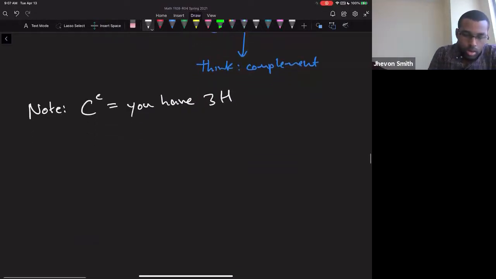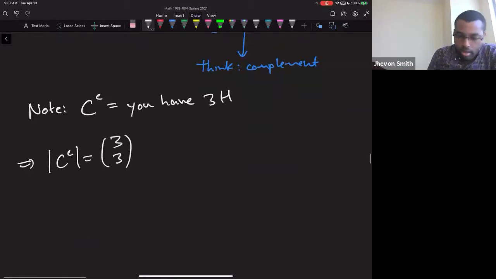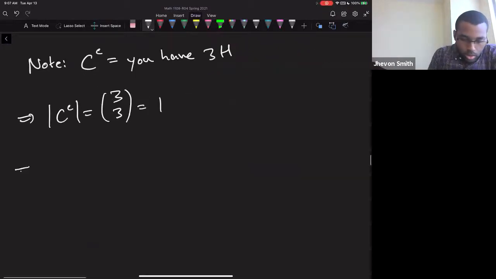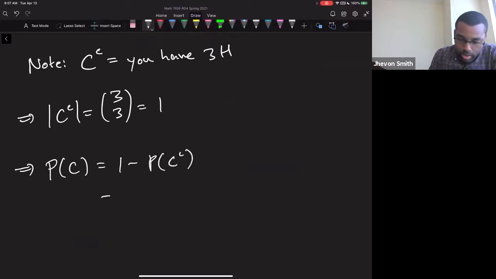So now this means that the size of C complement is going to be 3 spots. I want to choose all 3. That's going to be 1. And so the probability of C is 1 minus the probability of C complement, which is that 1 right here.